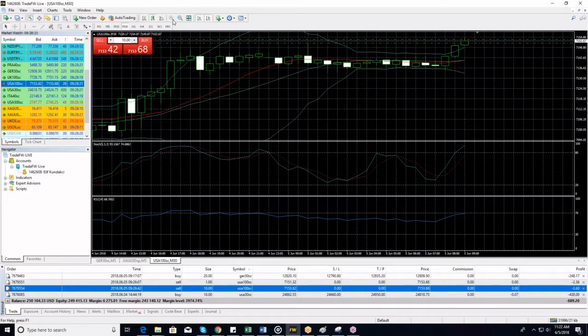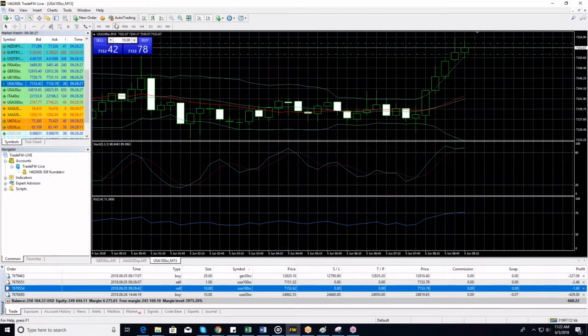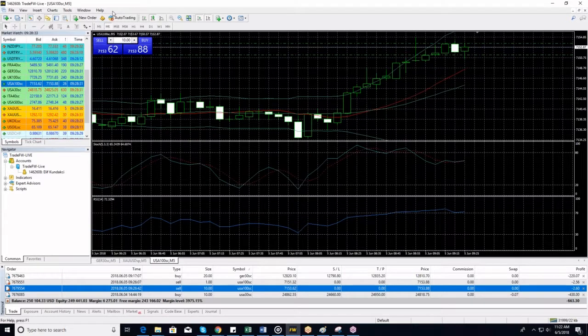But I will stick with it. I think we entered a bit too early. We could get a better price on it. But no worry, it will turn in our direction. We need a bit of patience over here.